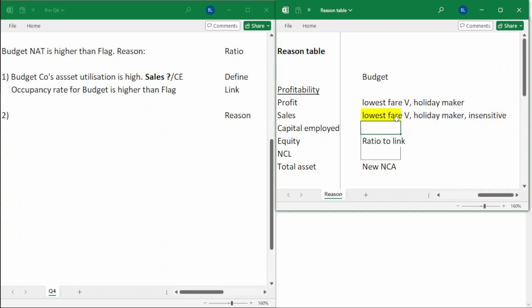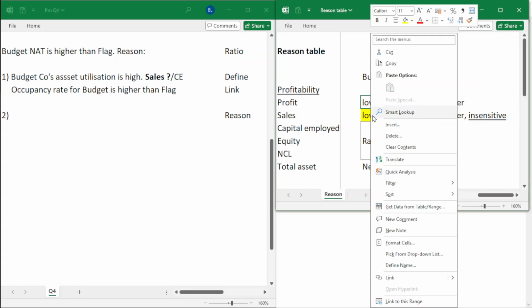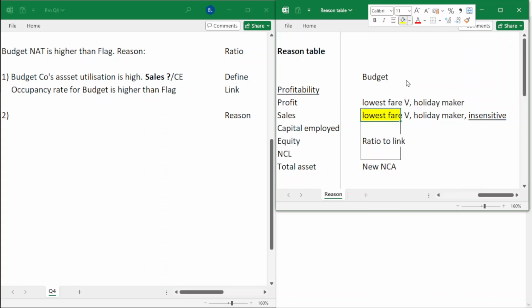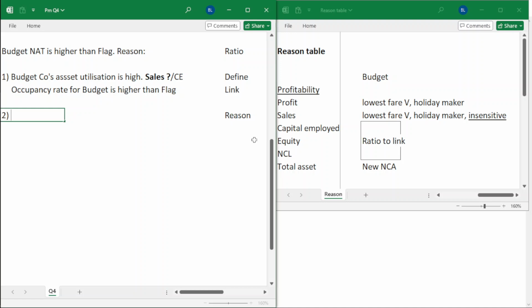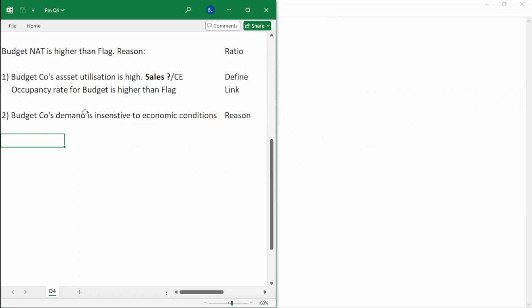Now let's talk more about insensitive. This is specific to sales. So let's say budget core demand is insensitive to economic conditions. If you read the scenario, then I think we're done.